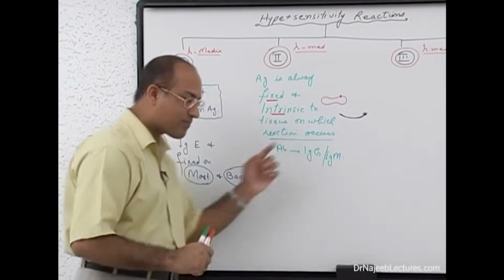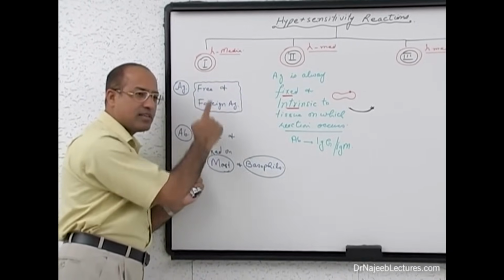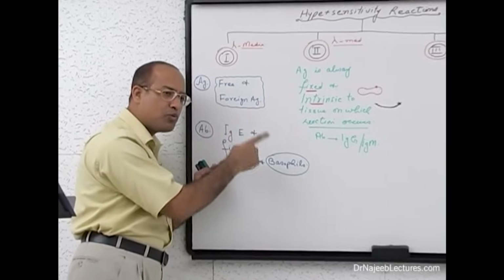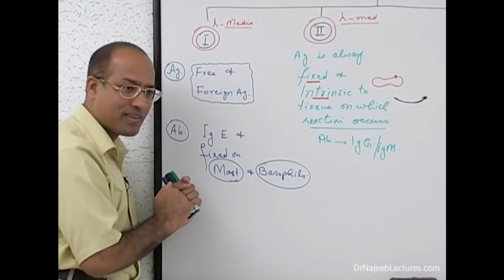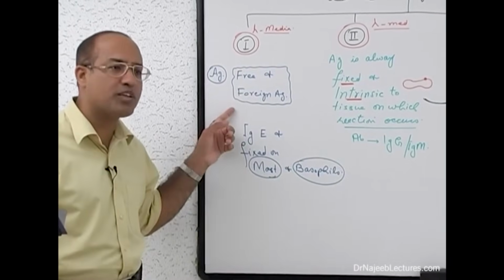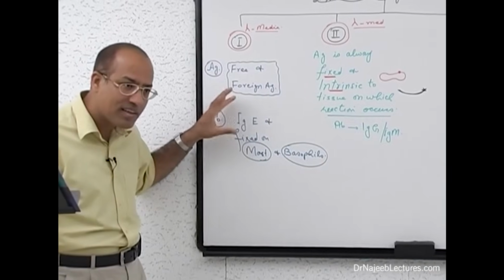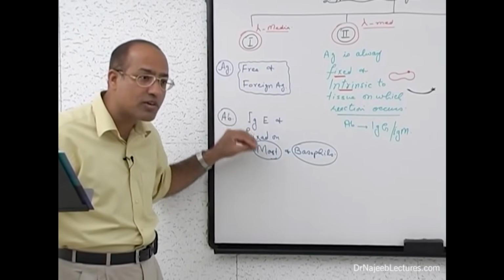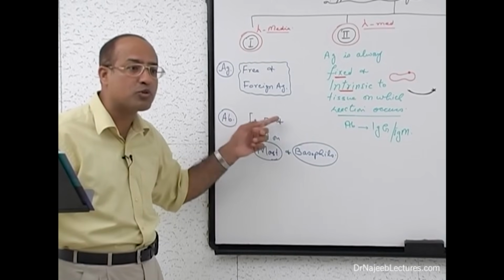Now look here. Do you think antigen antibody complexes will be found free in circulation or in tissue? The answer is no. In type 1, even though the antigen is free, the antibody is not free. So when antigen and antibody fuse, they fuse on the surface of mast cells and basophils, and fused complexes are not found in tissue fluids.